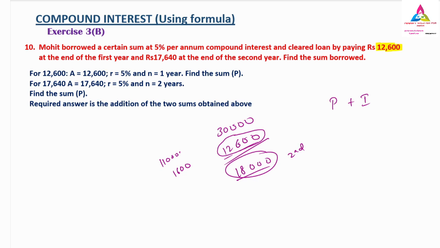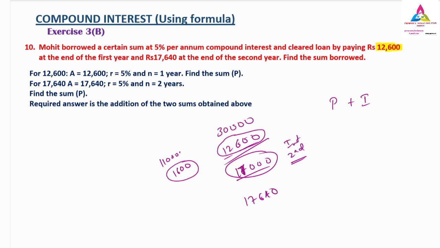So if you remove 11,000, 17,000 will remain. But that 17,000 is paid at the second year, which means this 17,000 must contain the 2-year interest, because he is keeping that money for 2 years, so there will be a component for the 2 years.